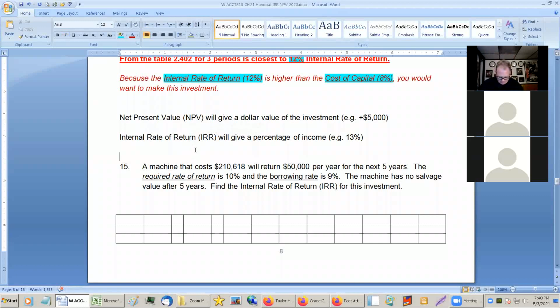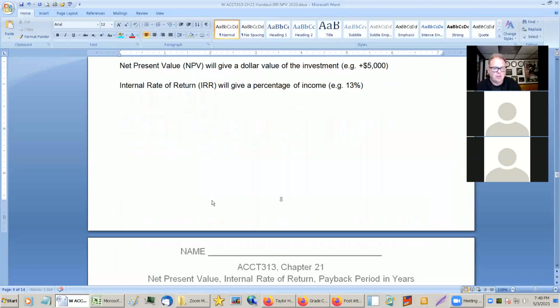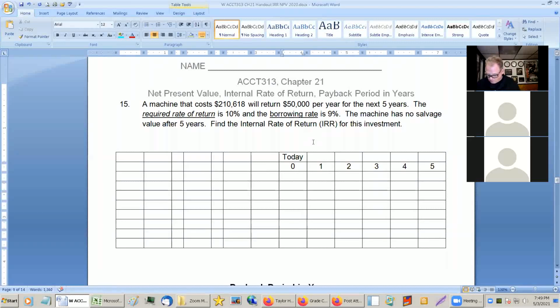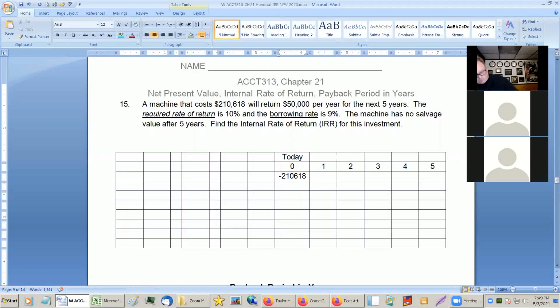Okay, let's do this one. And this one is similar to the one we had before. Okay, so I don't know, 50,000.